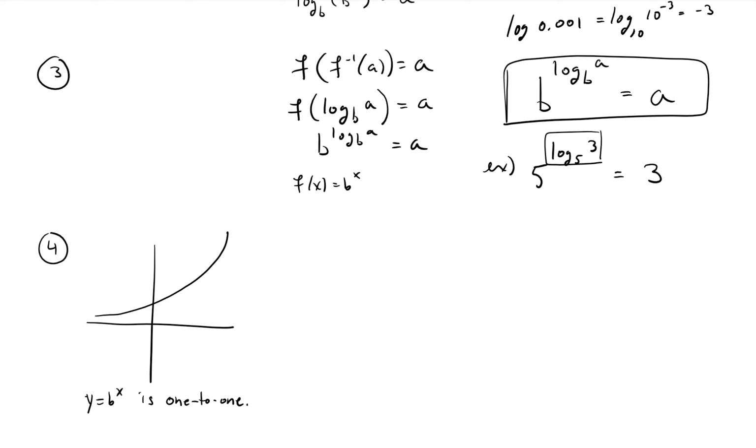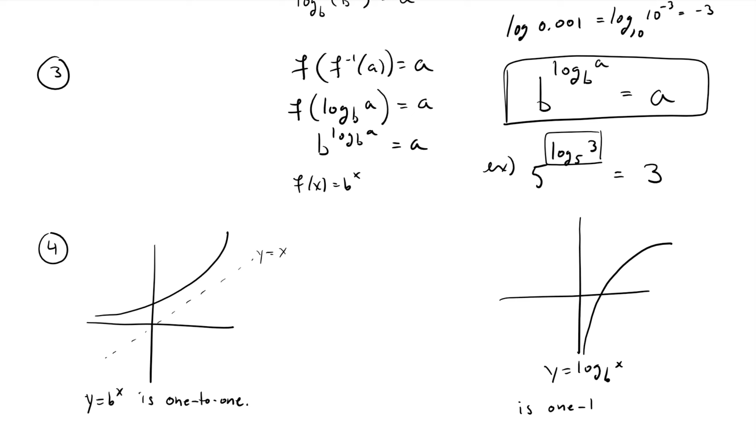When you reflect this across the line y equals x, you're also going to get a curve that represents a function that's one-to-one. So also, the function y equals log in base b of x, which will look like this if b is greater than 1, is one-to-one.